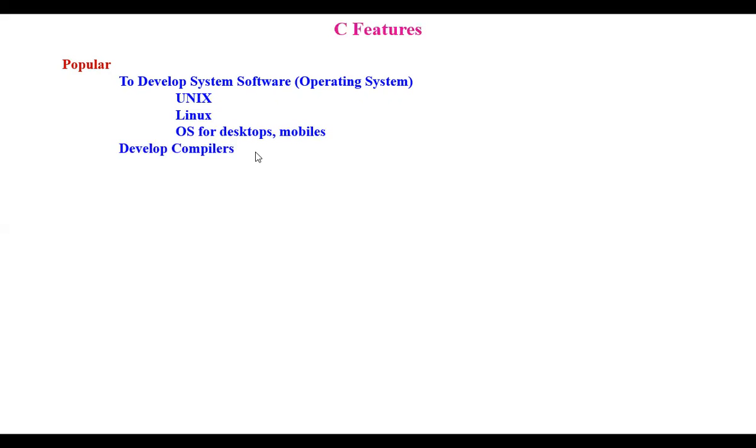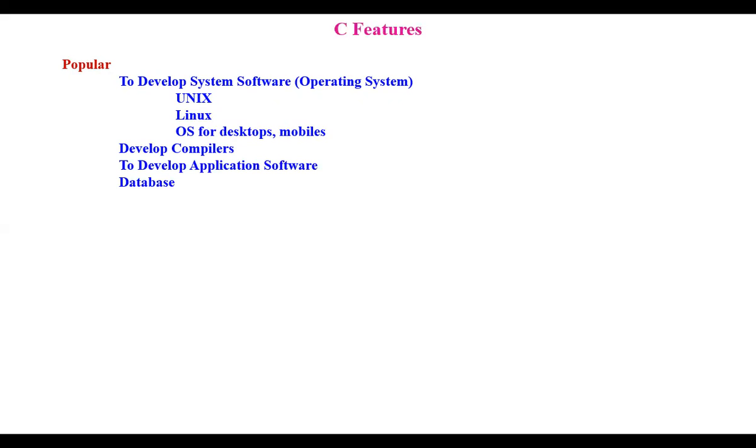It can be used for the development of compilers, right? To develop application software for different enterprises like railways, hotels, hospitals, banking, pharma, any industry, all these applications can be developed.